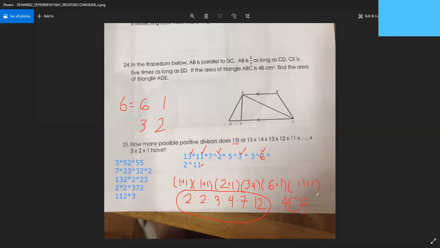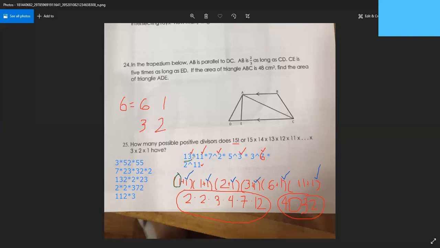Wait, but how do you get the 1 plus 1, 1 plus 1, 2 plus 1 thing? Again, we always add 1 to the exponents. As you can see here, this one is the exponent of 13.